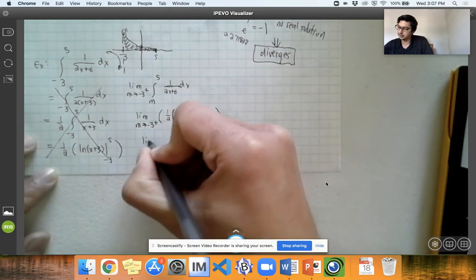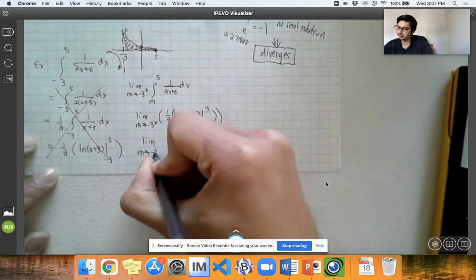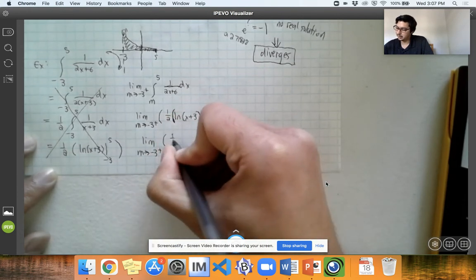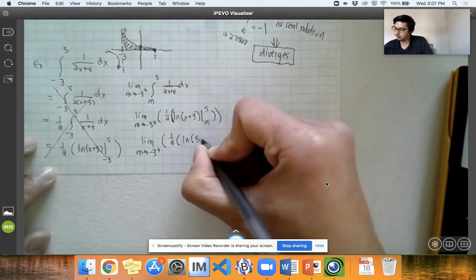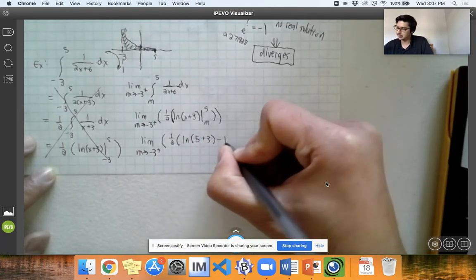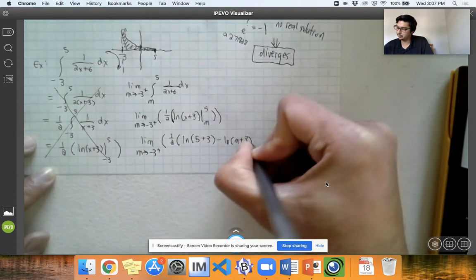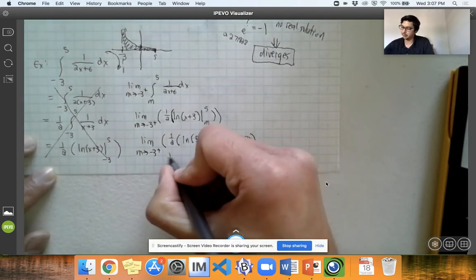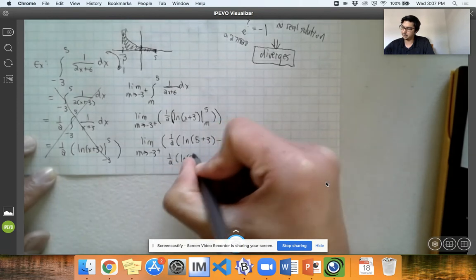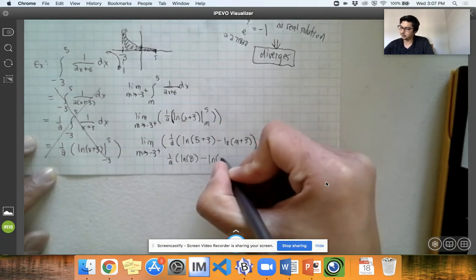So then what we'll get here is the limit as m approaches -3, and it'd be 1/2, and then it's going to be natural log of 5 plus 3 minus the natural log of m plus 3. And if I now evaluate my limit, we'll be at 1/2 natural log of 8 minus natural log of 0.